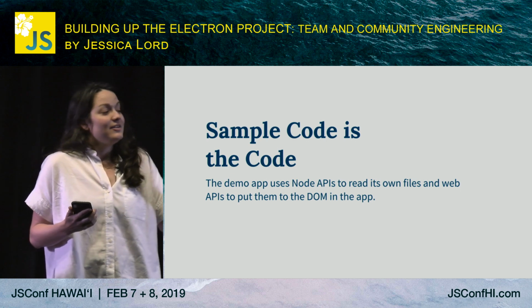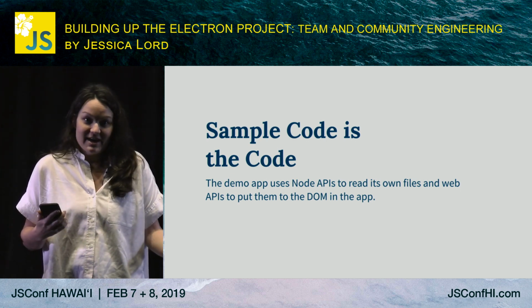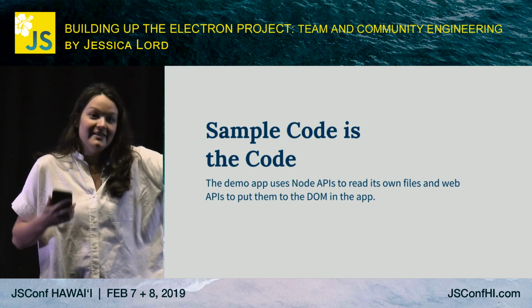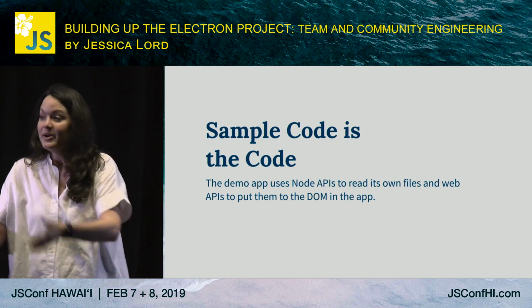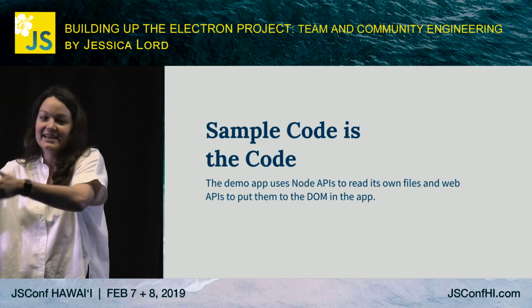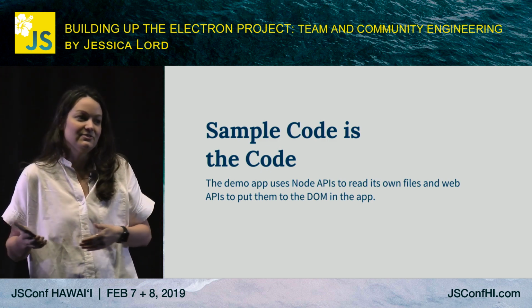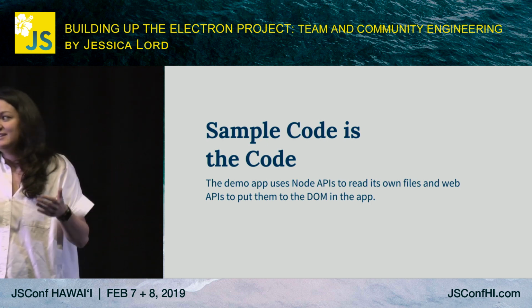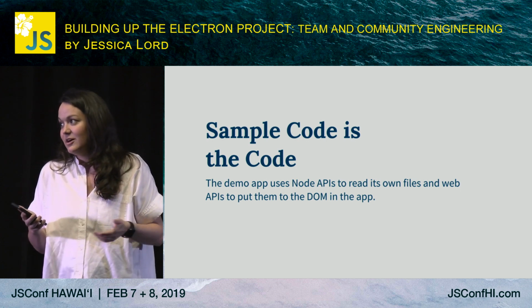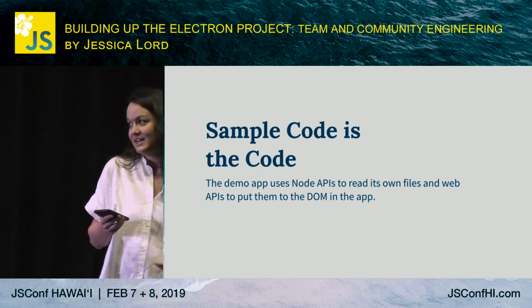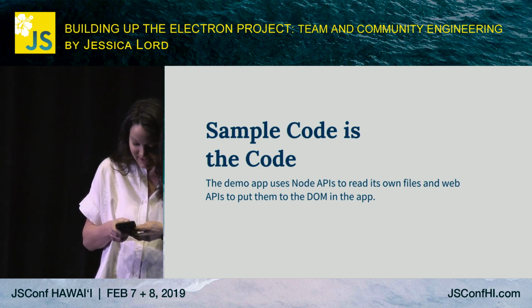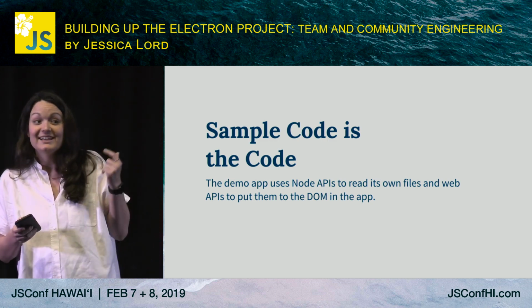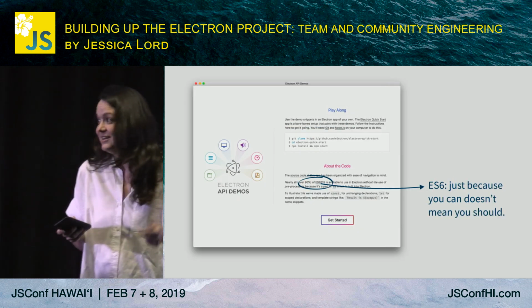So we can use the Node API to FS read a file, and then use the Web API to say the text content of this element is what we just read from this file. And so in terms of maintaining the app, when you update the app, the sample code is also updated. It's not two things you have to take care of. So a reoccurring theme is not giving yourself more work.